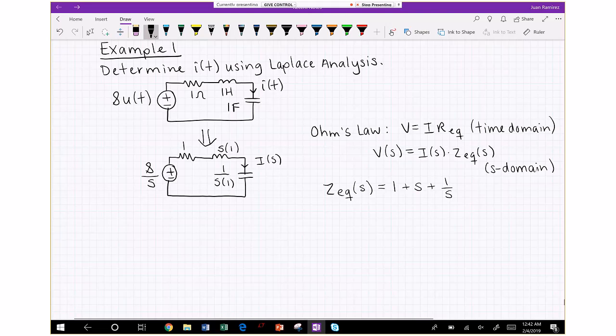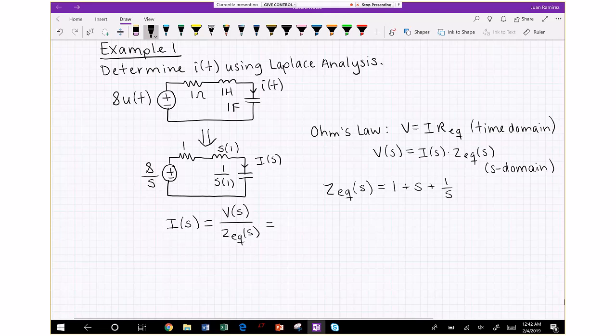Okay, so now we are looking for I of S. That's equal to the voltage across that equivalent impedance, according to Ohm's law, because that same voltage from the voltage source gets dropped across that equivalent impedance.